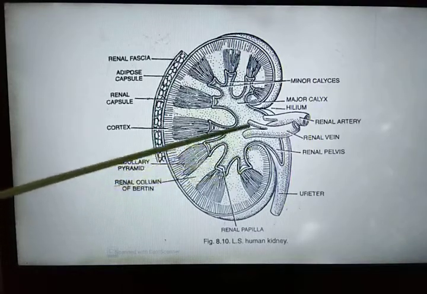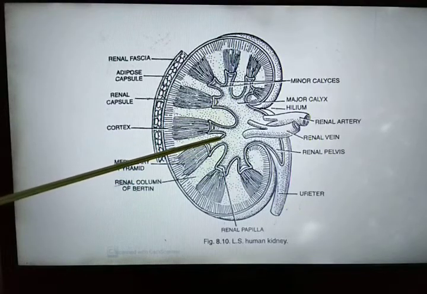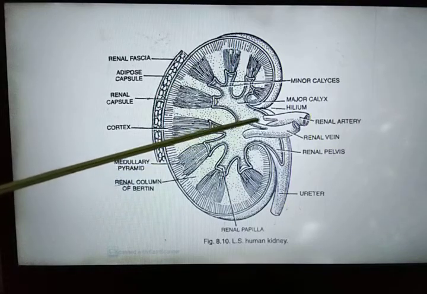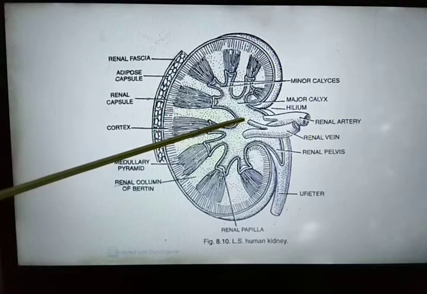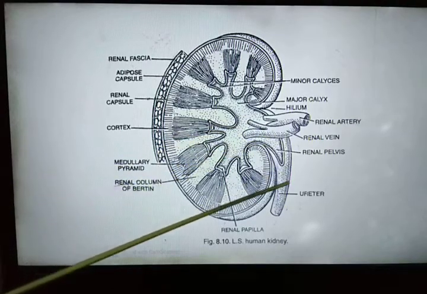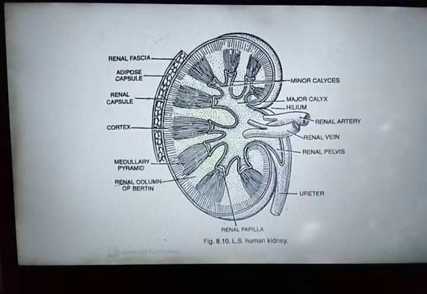You can see these are the major calyx. Then the major calyx lead into a funnel shaped structure called the renal pelvis, which in turn leads into a ureter. So this was the internal structure of the kidney.